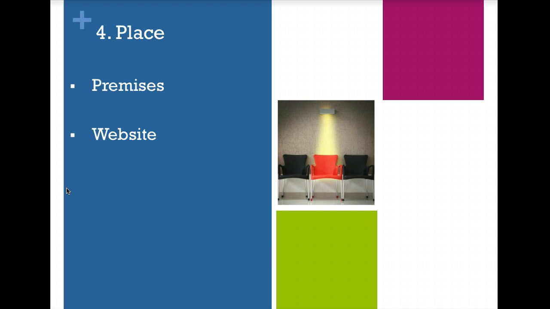Your website, this shouldn't just say website. This should be your kind of digital space. So your online profiles, your Facebook profile, your LinkedIn profile, your Facebook pages, your Twitter accounts, your MySpace, your Bebo, your Squidoo pages, all those different elements of your online presence.